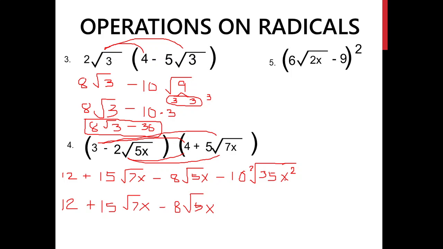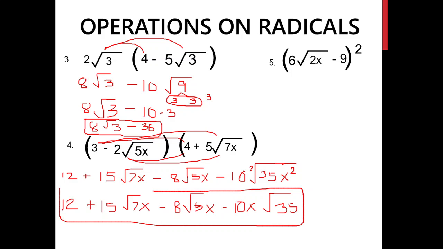So here, since x can be simplified, the square root of x squared is x, so minus x now will come out, and then what's left in the radical is the 35. There. So this will be our answer.